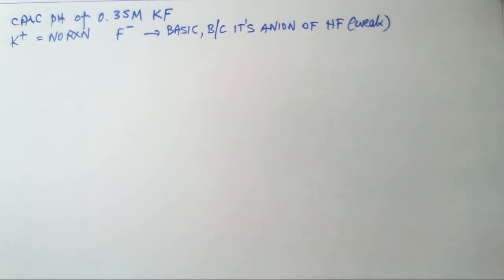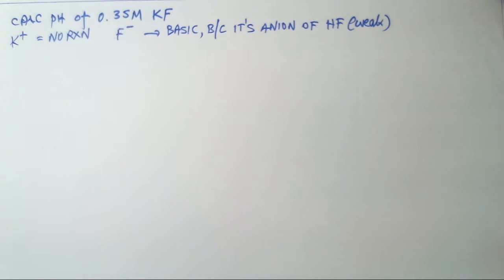If an acid is weak, doesn't it make sense that its conjugate base must be fairly strong? That's what makes it a weak acid, because the conjugate base, in this case F-, is holding on to that H fairly strongly. Okay, so F- then is basic.